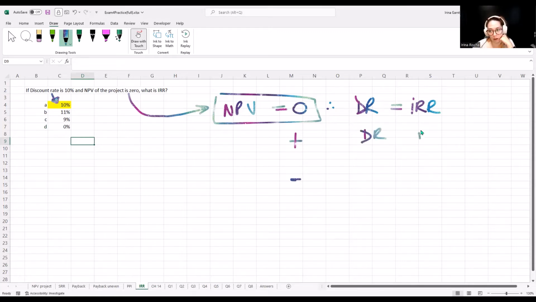And in all of them, we can establish a relationship between the expected rate, discount rate, and the required rate. So that's it. If the discount rate, which is my expected rate, is smaller than my internal rate of return, which is my required rate, then my net present value is positive, and conversely right here.